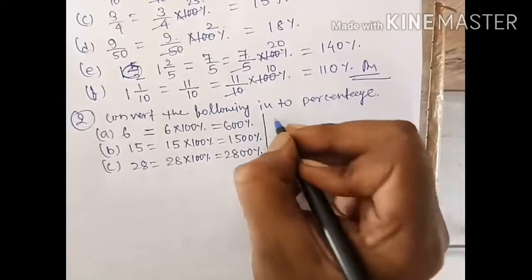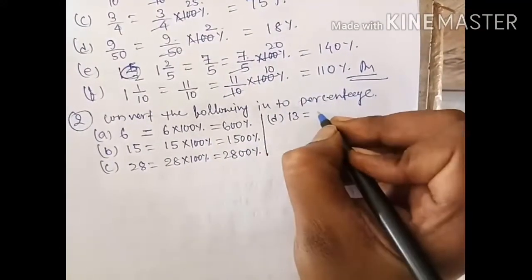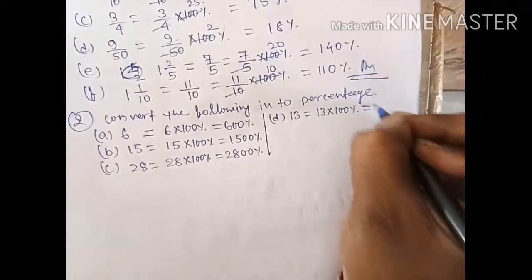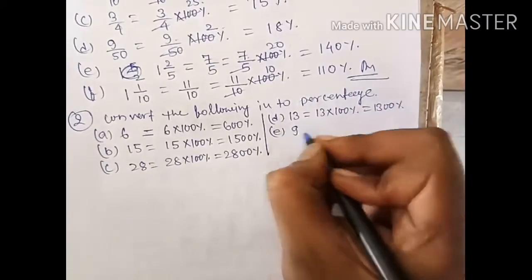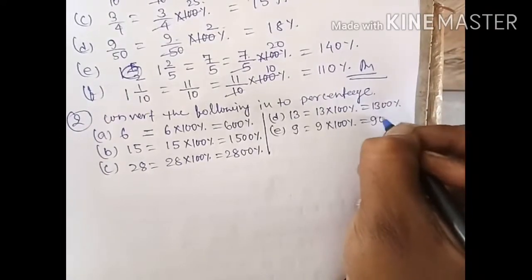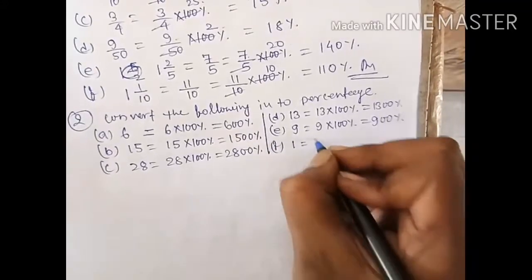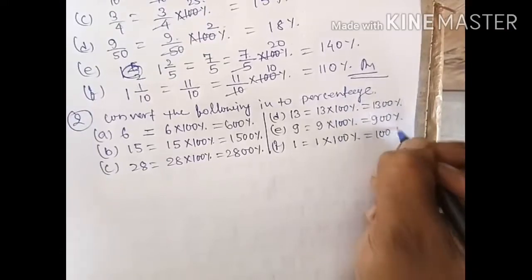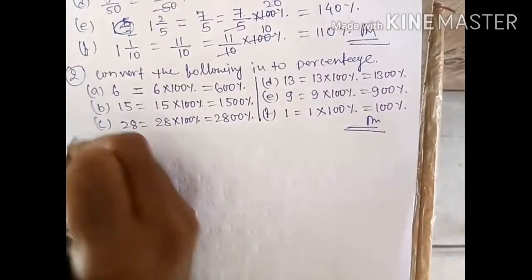In question number D, here 13, so simply we write 13 into 100%, then you get 1300%. In question number E, here 9, so simply 9 multiply with 100%, then you got 900%. In question number F, here whole number is 1, so you multiply 1 by 100% and you got 100%. This is the answer.